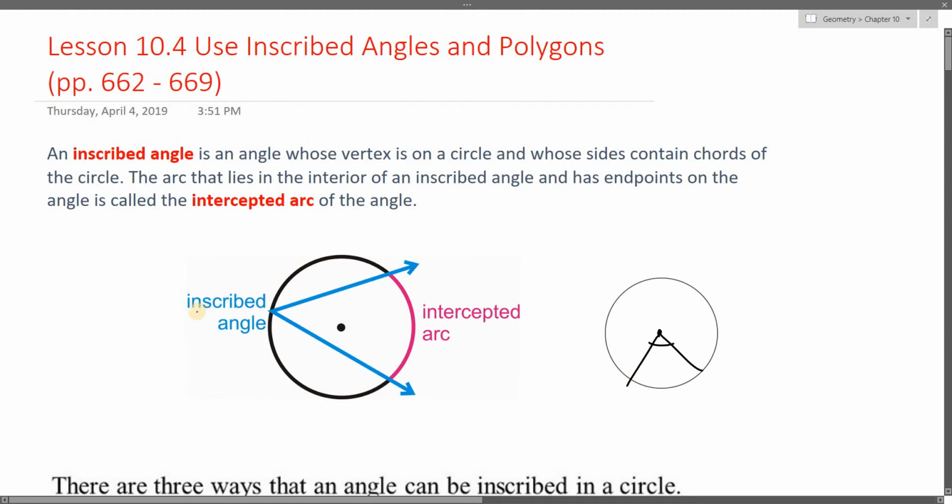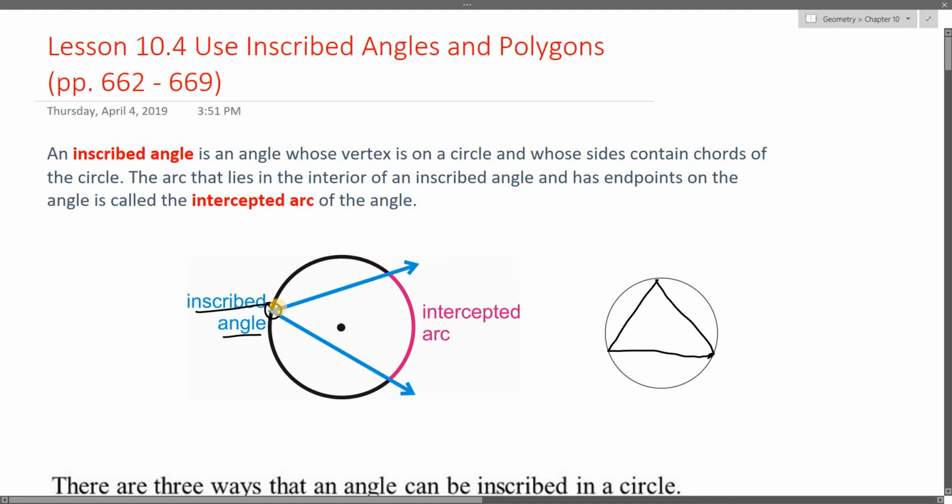This particular one is called an inscribed angle, and I think that comes from the concept of an inscribed figure. And so when you think about a triangle or something like that that would be inscribed inside of a circle, it would mean a triangle whose vertices all touch the circle. So an inscribed angle's vertex will be on the circle itself, and so you'll notice the vertex that's located here.